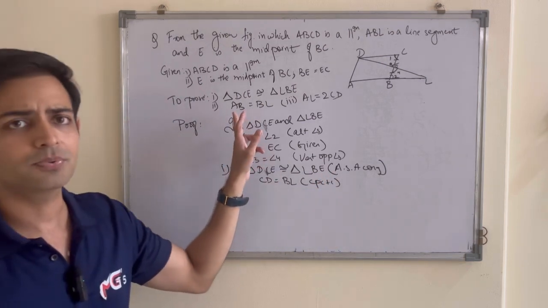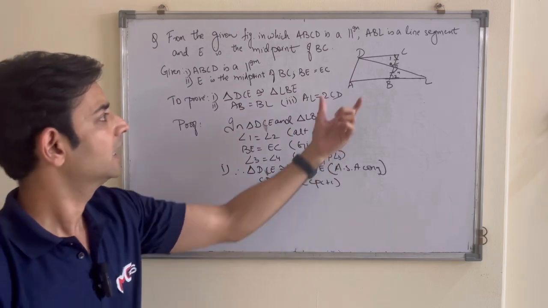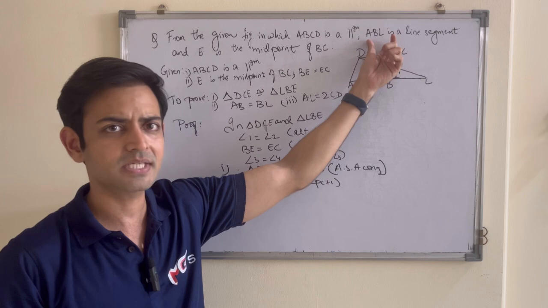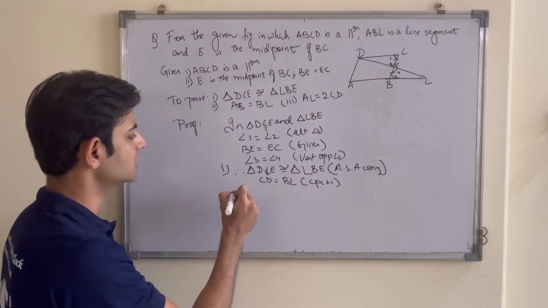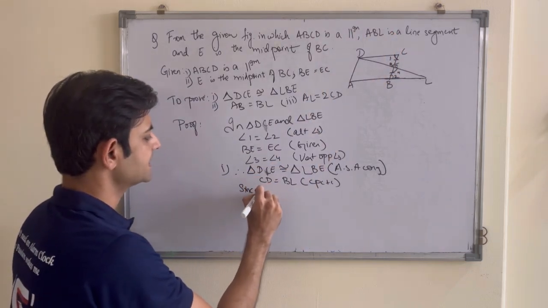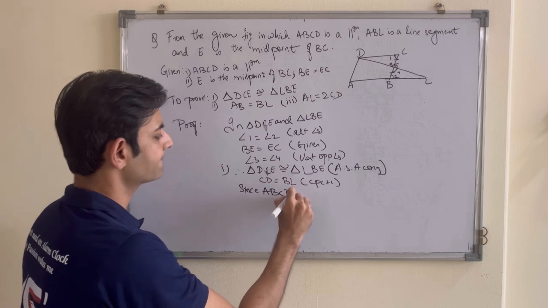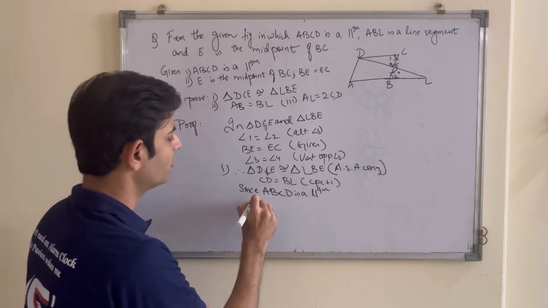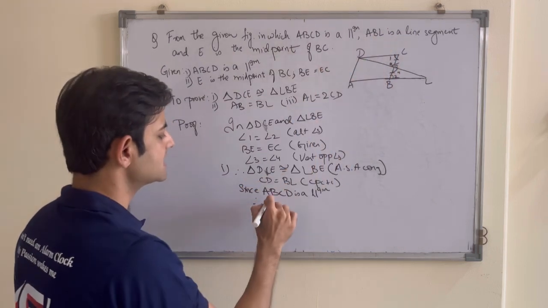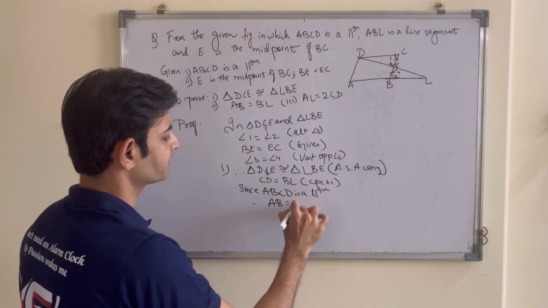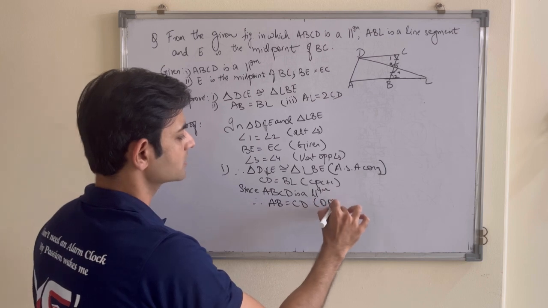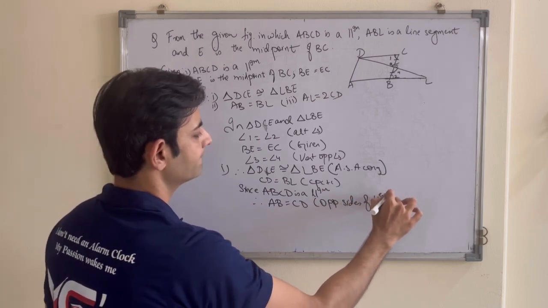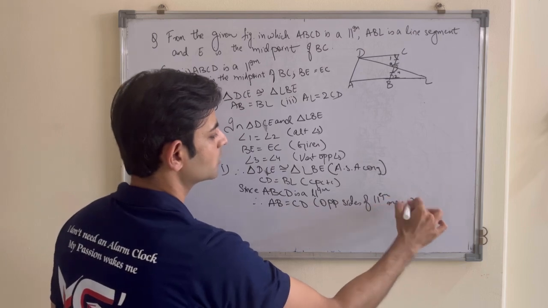Second part, I am supposed to prove AB is equal to BL. Now because ABCD is a parallelogram, AB is already equal to CD. So I will write here, since ABCD is a parallelogram, therefore we can say AB is equal to CD. Opposite sides of a parallelogram are equal.